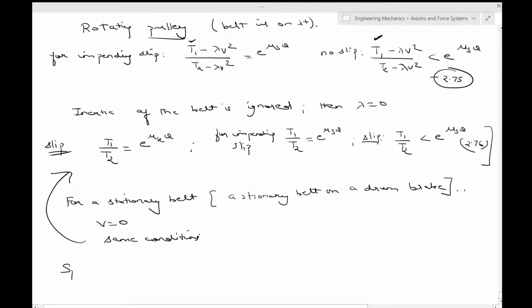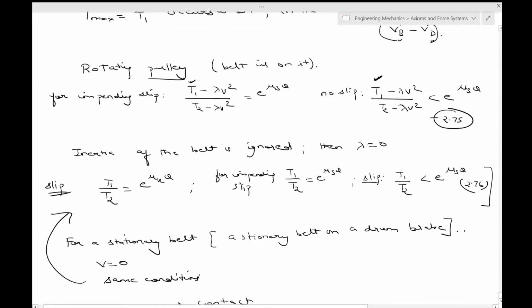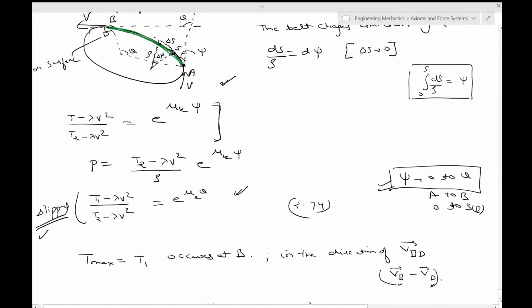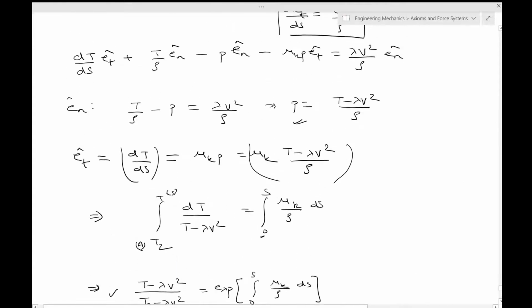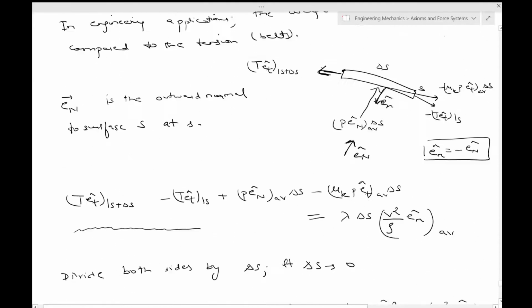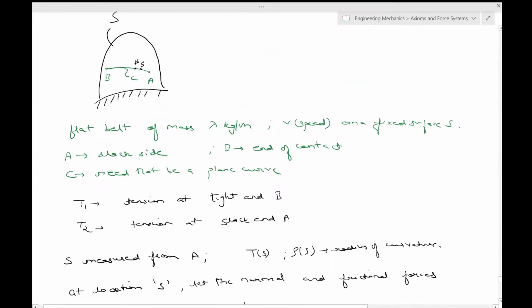So if you have, say, a spatial curve of contact, until now you had a line of contact, right? The curve C over here was actually a line, even though it could have been a three-dimensional line, but it was still a line contact.